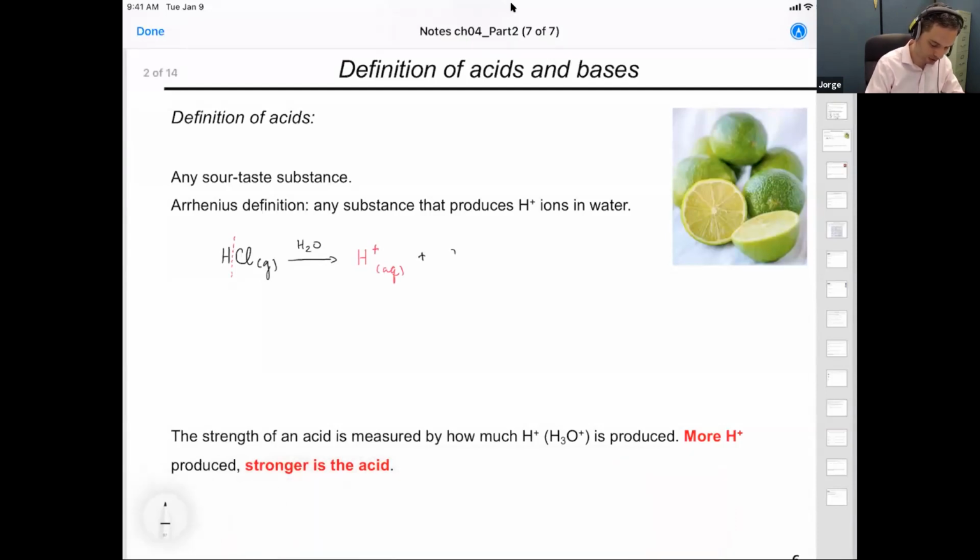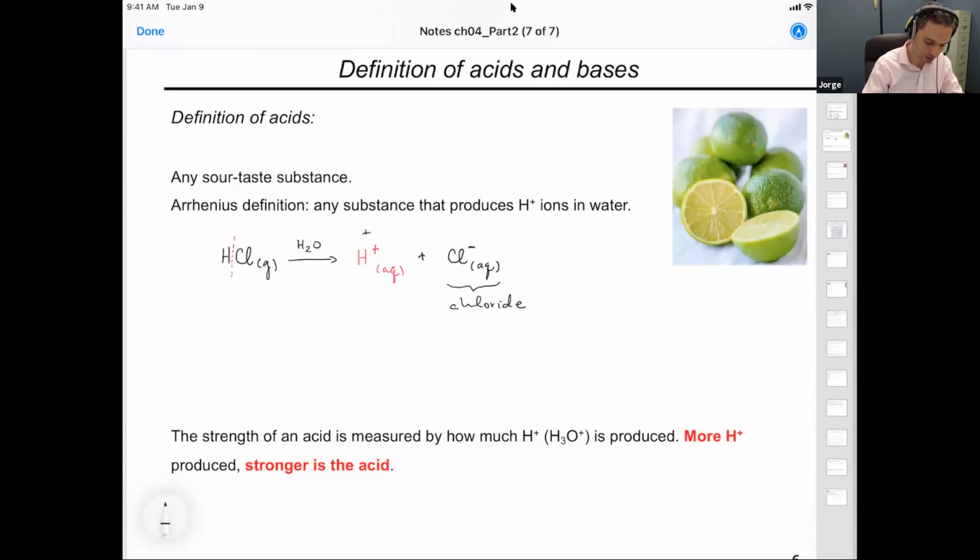Whatever is left is Cl. If we have a positive here, we have to have a negative for the Cl. And Cl is dissolved in water, so I'm going to represent that by (aq) between parentheses. And we know the name for Cl minus. This is called chloride.